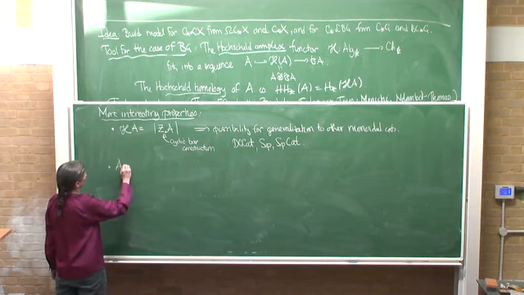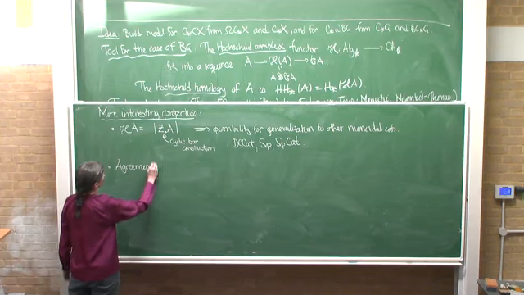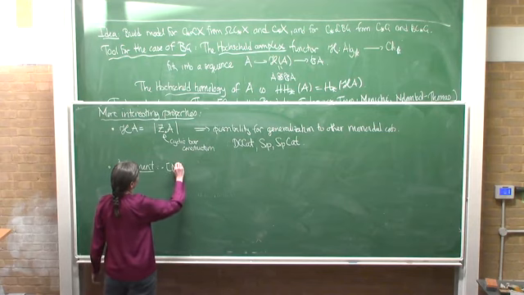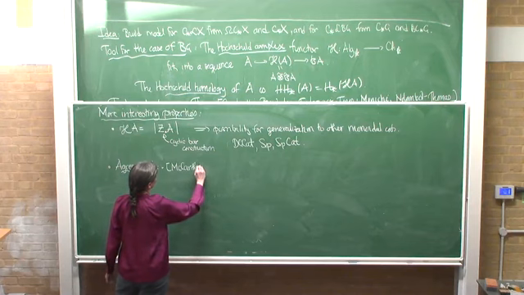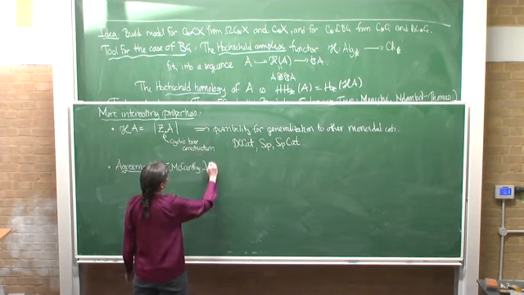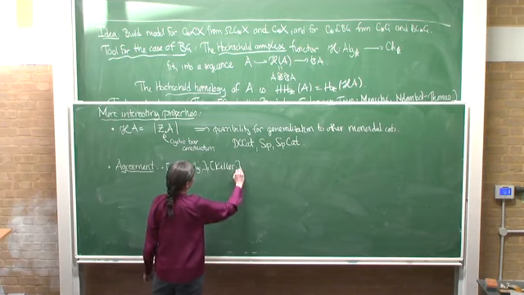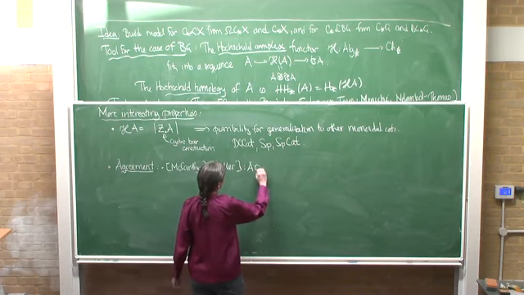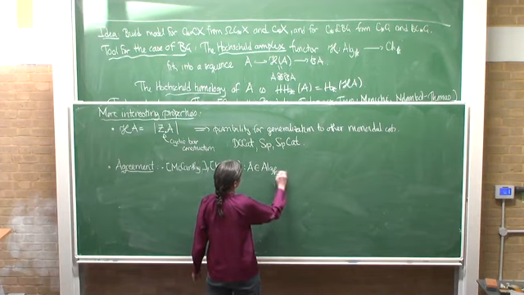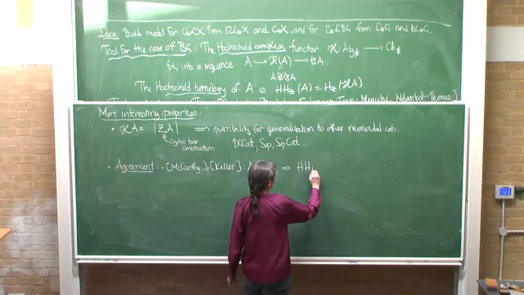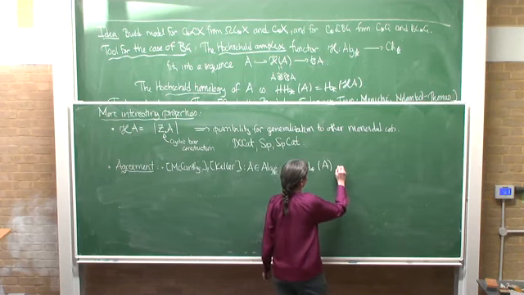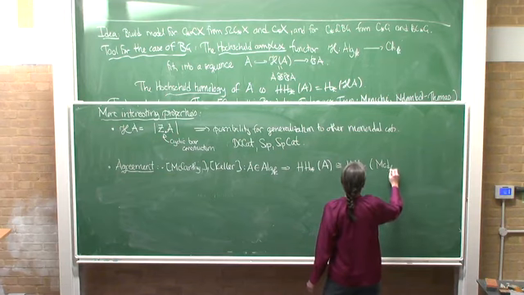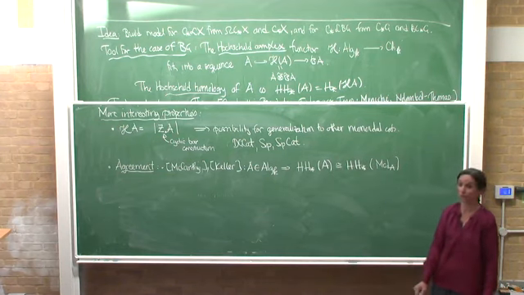another important property is what's known in some circles as agreement. So there's work by Randy McCarthy, and then in a more general context by Bernard Keller, who proved the following: if A is an algebra, then the Hochschild homology of A is actually isomorphic to the Hochschild homology of the DG category of A modules.